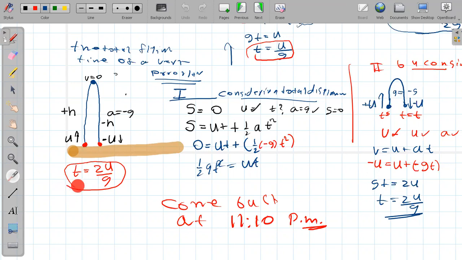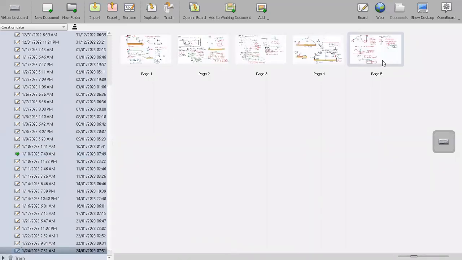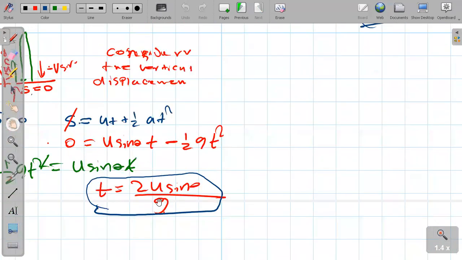In this pointer, you may see 2U over G. But what about today's one? 2U over G is still there, but there's a sine theta.